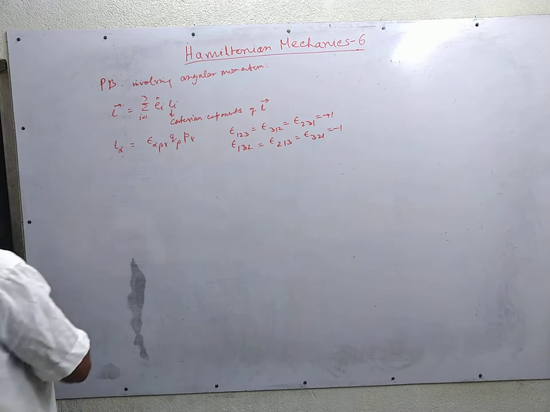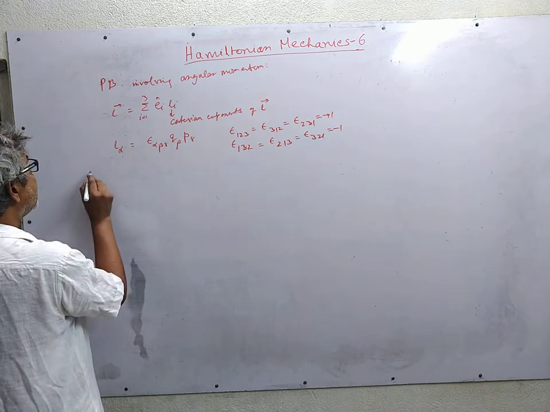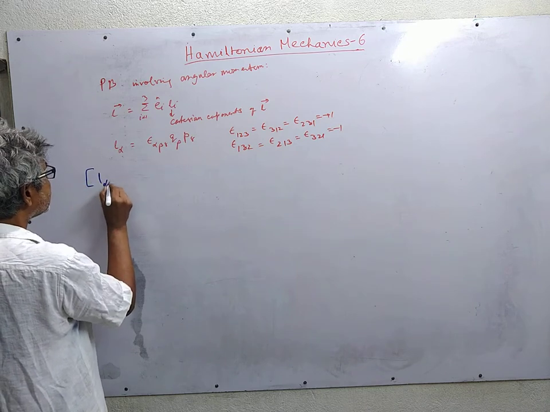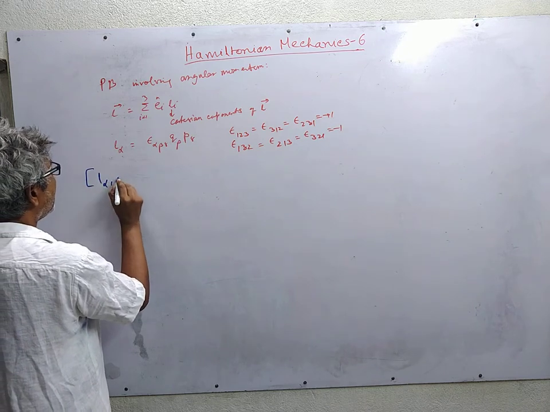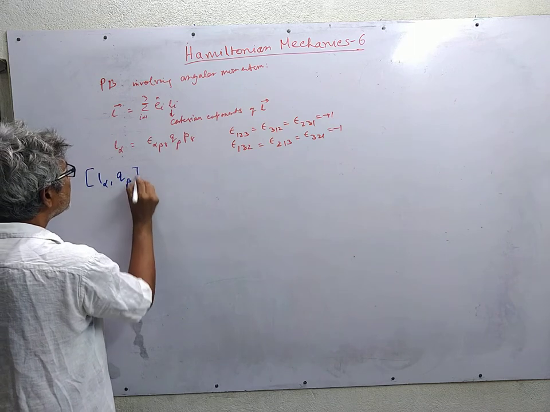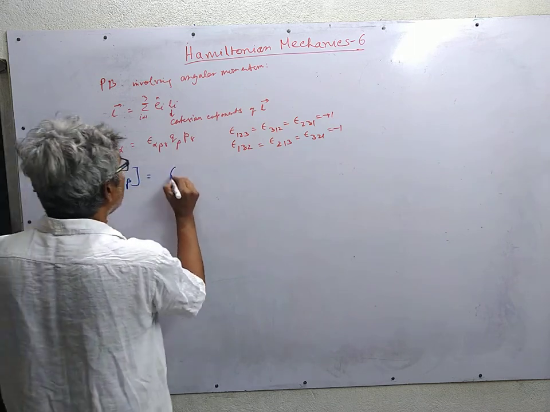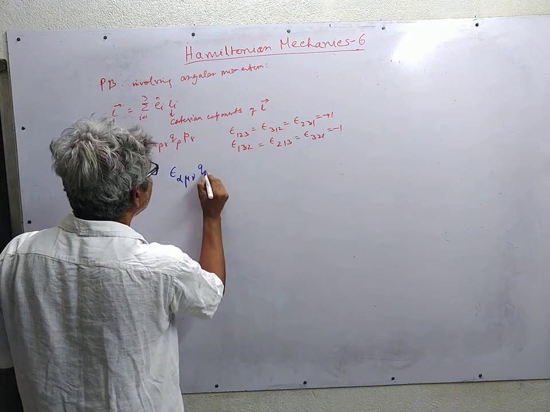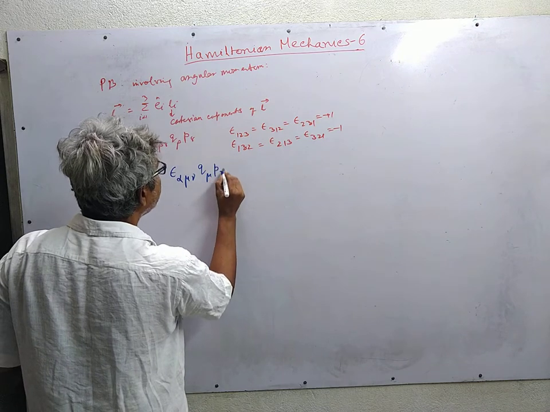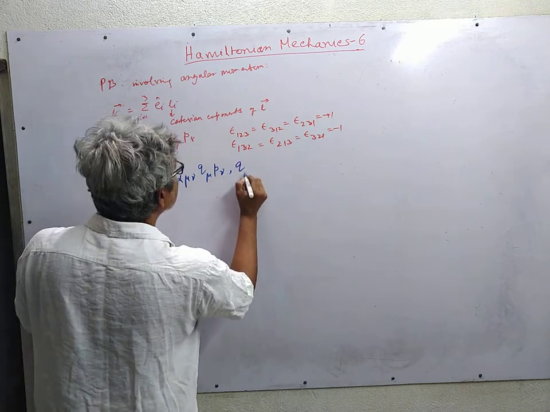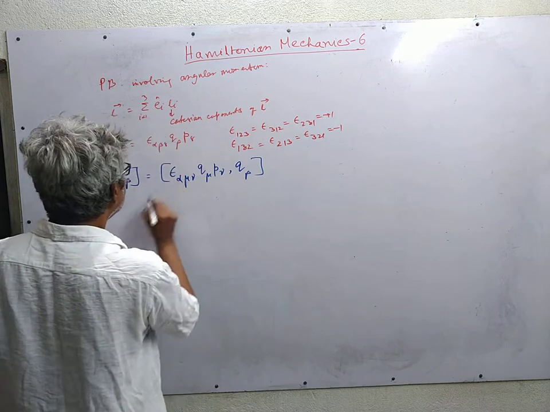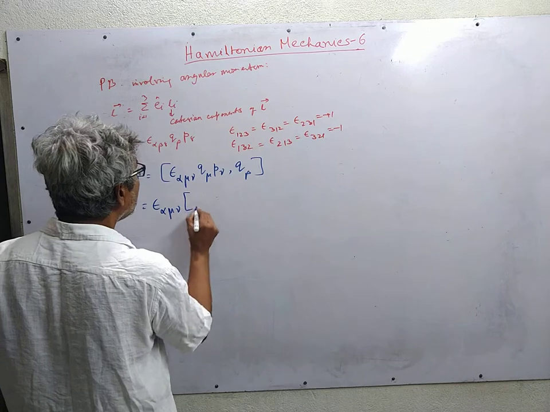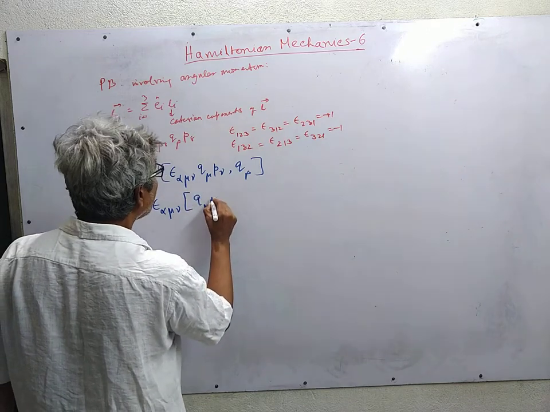As you are already habituated with the Levi-Civita tensor and its use, I am not going to elaborate the things. For L_α we write ε_αμν Q_μ P_ν, with Q_β.